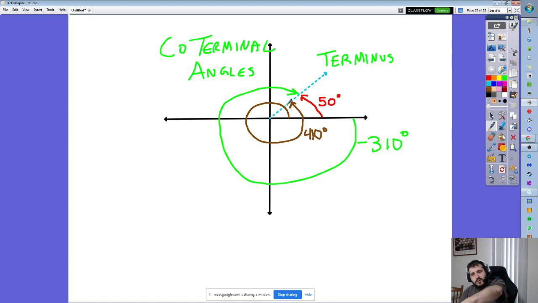If you looked at 410 and negative 310, 360 minus 50 is negative 310. 360 plus 50 is 410. That doesn't feel right.